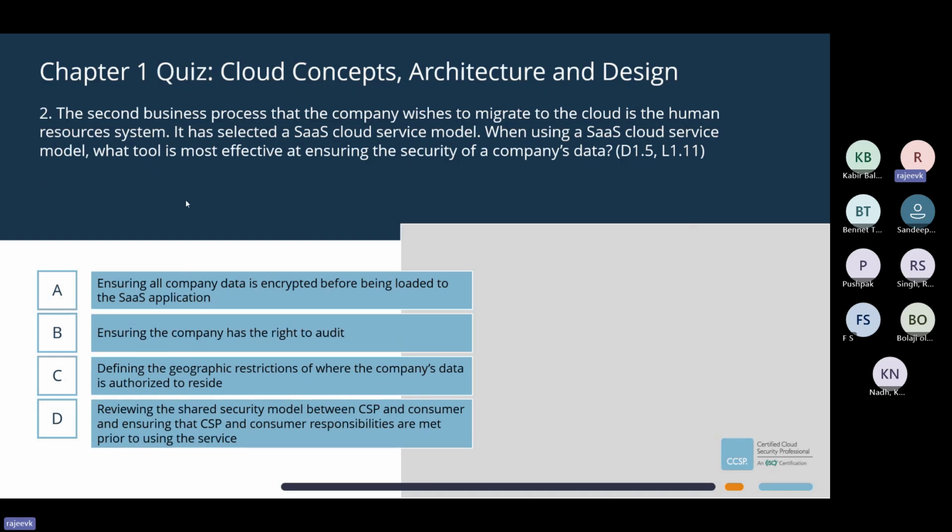Definitely, in such a case, there is no tool given there, right? In this entire question, no option is talking about any tools. Even first A, if you're saying ensuring all company data is encrypted before being loaded, it's not a tool. Basically, we are following a process: encrypt and then send it to the cloud.